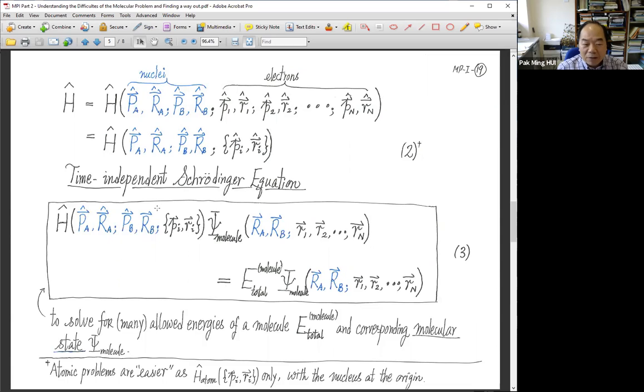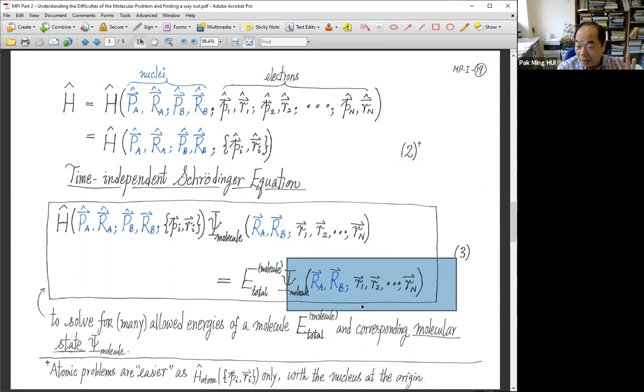So let's write down the full time-independent Schrödinger equation to solve for a molecule. H psi equals E psi.